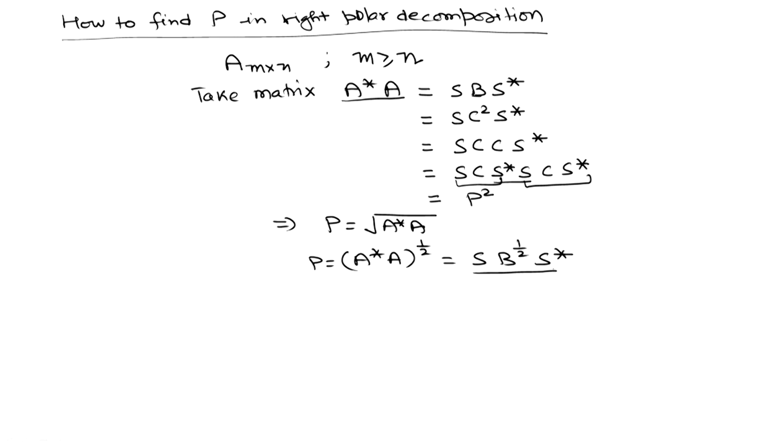So, let us take an example of this. Take A as, let us say, 3 1 0 1 and 1 0, a 3 by 2 matrix.